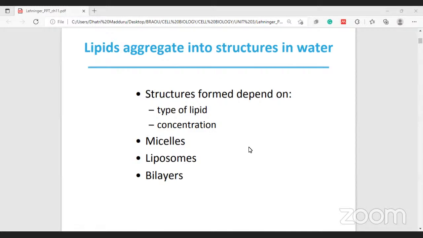Normally we don't find any structures, but when we observe under a microscope, they can form different structures. Based on the type of lipids present and the concentration of lipids, they form different structures like micelles, liposomes, and bilayers.